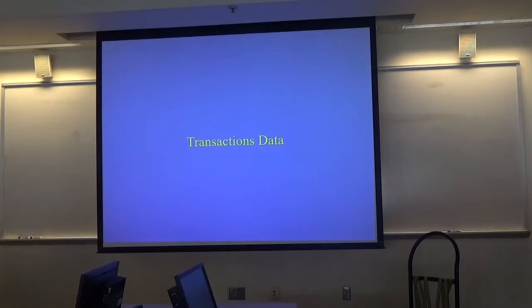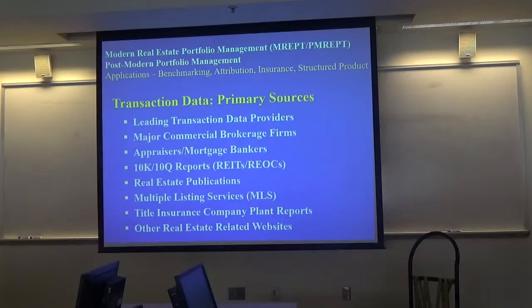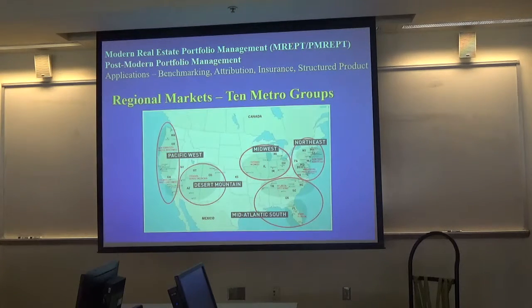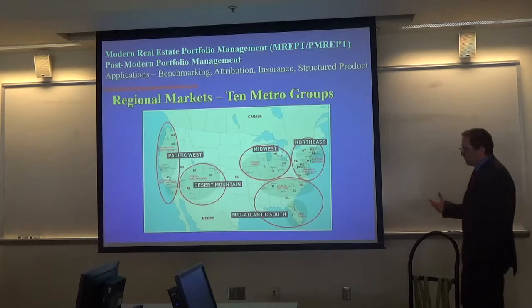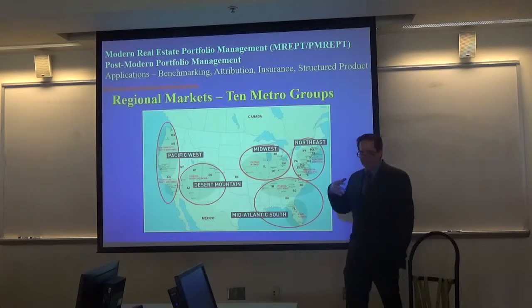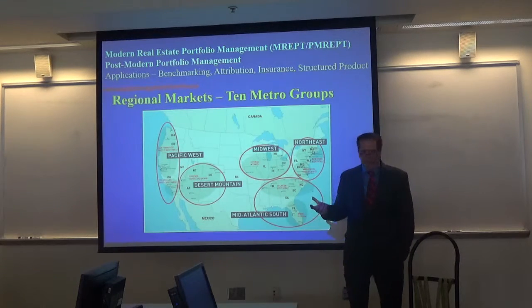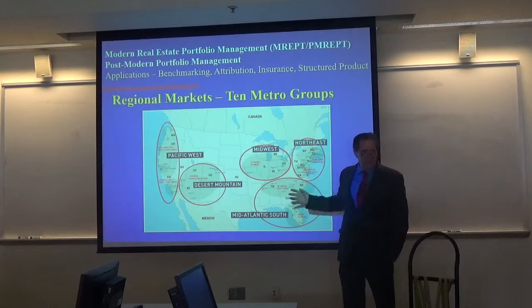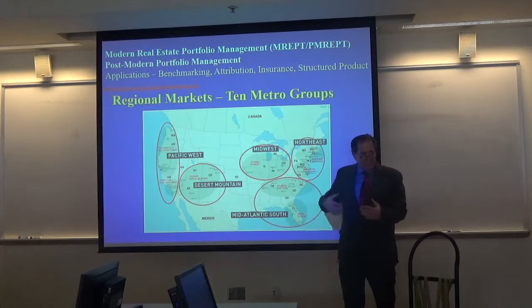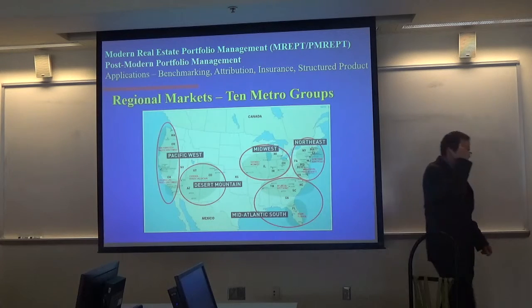So the transaction data was key. So we went to multiple sources. We were spending like $150,000 a year on data to get all of the data sources. I could have probably spent like $250,000 to get all of the data. And then what we did is, because commercial real estate transactions are not as robust as residential, we had to group metros to basically get large enough samples to be able to calculate the indexes.